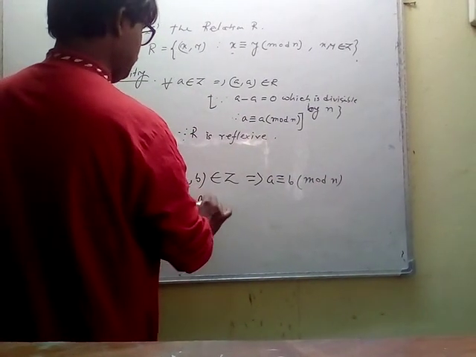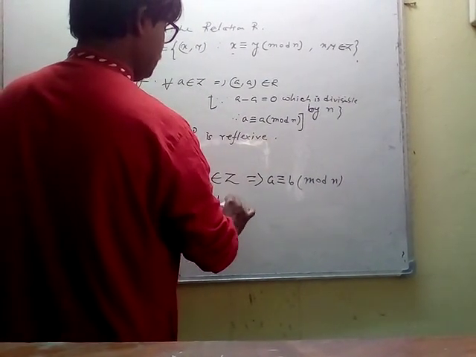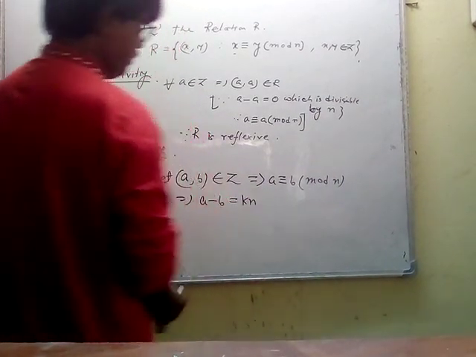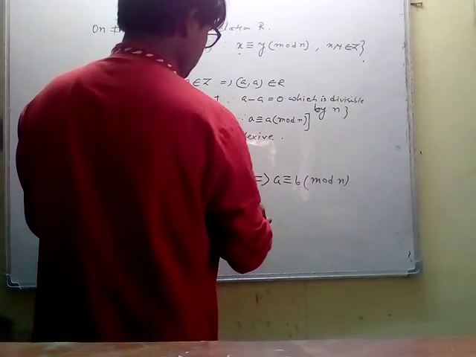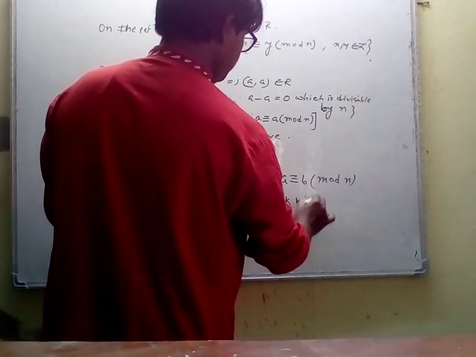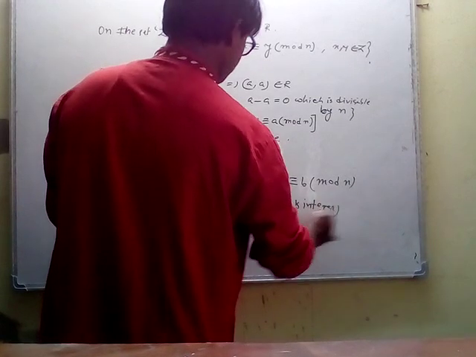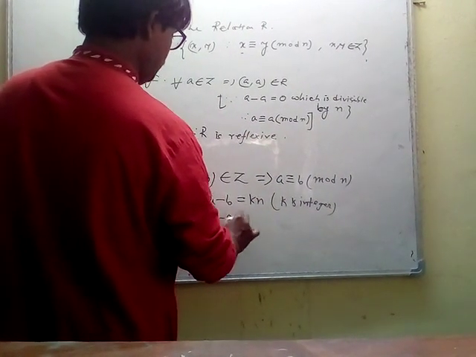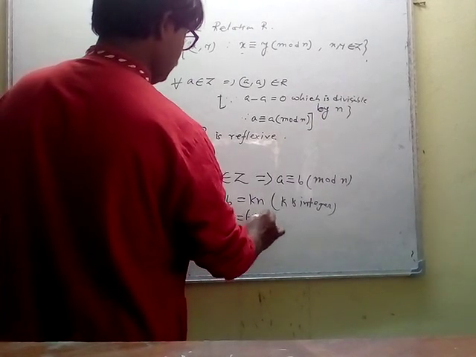This implies a minus b is divisible by n. Divisible by n means a multiple of n, say kn, where k is an integer. This means b minus a equals minus k times n.